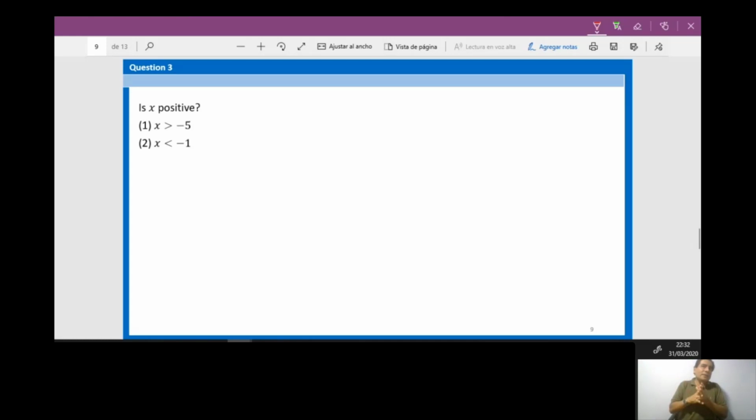So what about this one? Is X positive? They tell us that X is greater than -5, and in statement 2, X is less than -1. What about statement 1? Oh, thank you, Maria.